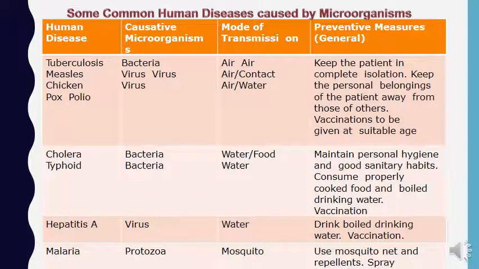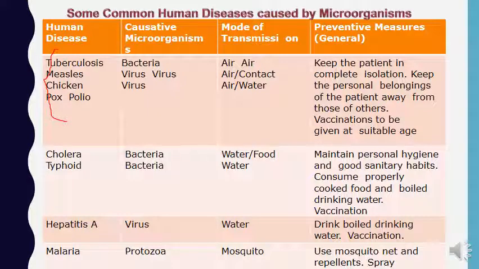Here are some other common human diseases caused by microorganisms. Again students, this is completely from the textbook. This table is from the textbook, so you can refer to it anytime. Tuberculosis is caused by bacteria, and the mode of transmission of all these diseases in the first box will be air. What are the preventive measures?